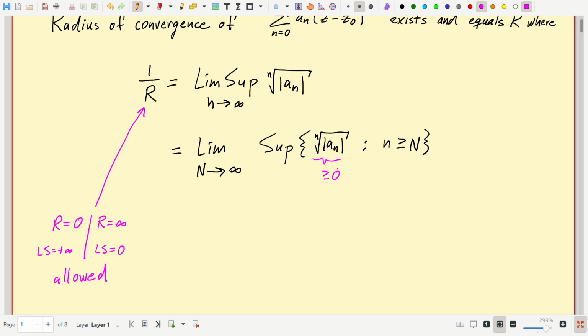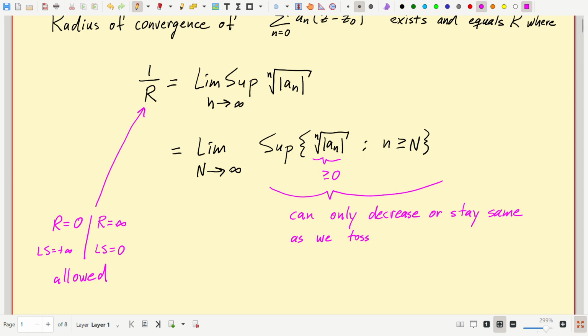As I toss out more and more terms, the sup can only go down. So this sequence can only decrease or stay the same as we toss out the early a_n's.